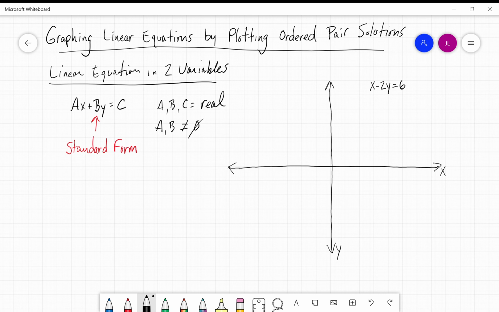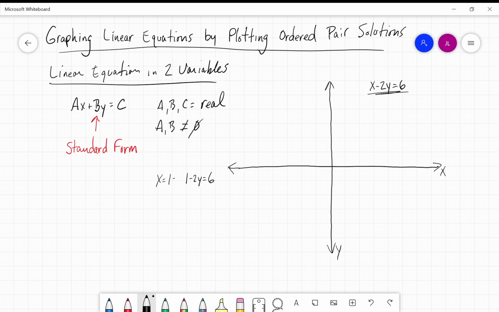We're going to do this by using points. What we'll do first is select a value for x and see what we get for y. Let's say x is equal to 1. We get 1 minus 2y equals 6.